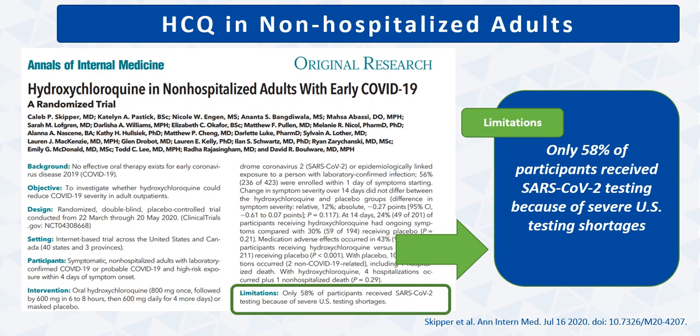Number one, it was underpowered and the enrollment was really not very diverse, with patients who were generally young and healthier than the patients we see in the hospital. And then secondly, and most importantly, is a limitation that they pointed out themselves, which is that only 58% of participants received SARS-CoV-2 testing because of severe US testing shortages.